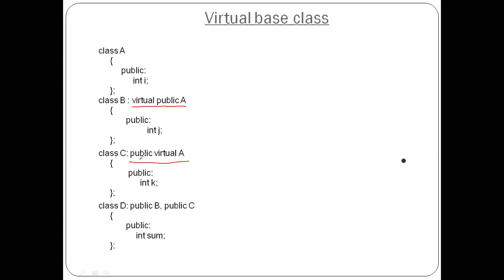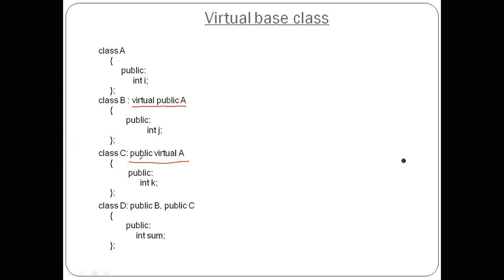So what will happen if we use that virtual keyword? Once we have put the virtual keyword inside the public scope, it will avoid that ambiguity in the hierarchical multiple inheritance. When a base class is specified as a virtual base, it acts as an indirect base more than once without duplication of its data members.